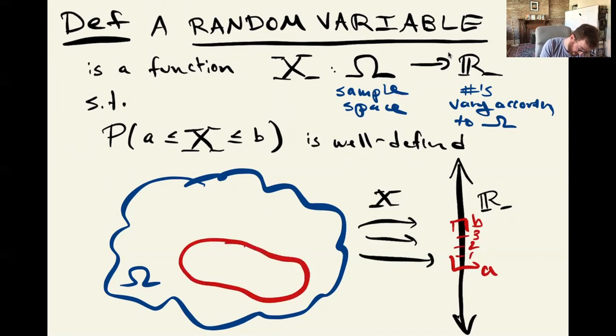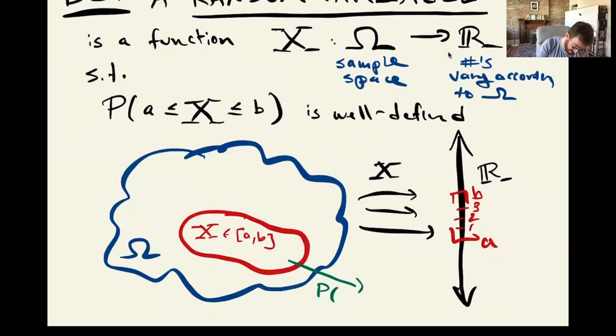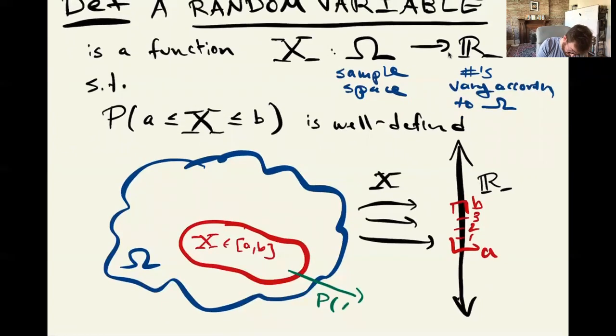And this is going to be the set of events where X is in my interval, let's say AB. And so ultimately what we're going to try to study is the probability of this. And that has to be some number between 0 and 1.